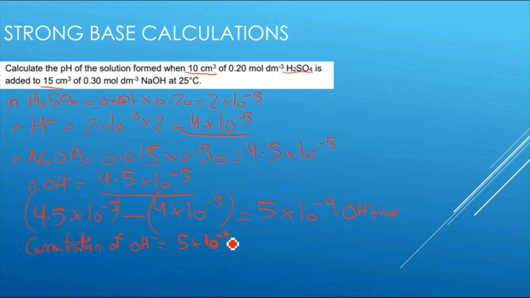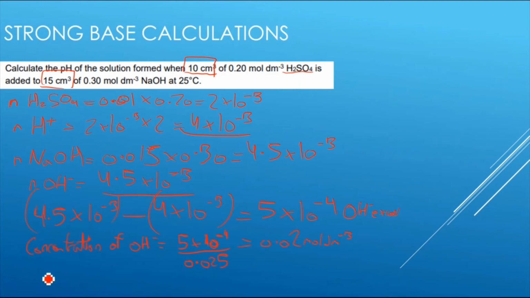So this is only the leftover, which is in excess. So 5 times 10 to the power of minus 4. Then we would add the total volume, so it's 10 plus 15. That's 25 centimeters cubed, which would be 0.025 decimeters cubed, and that would get us 0.02 moles per decimeter cubed, and this is the concentration of OH minus.